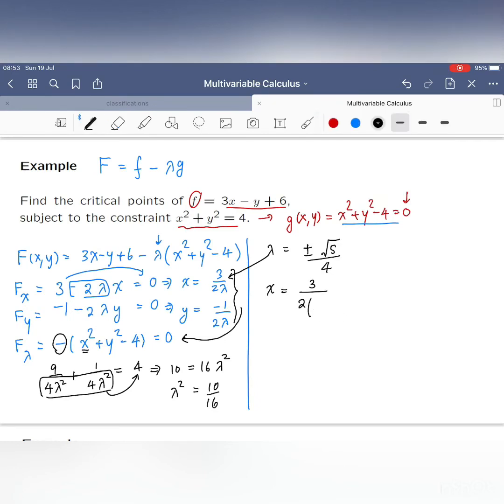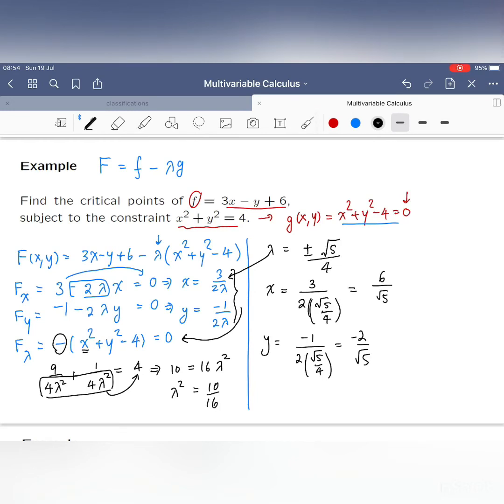So if your lambda is positive first, you have this positive square root of 5 over 4, or you have 6 over square root of 5 for your x. Of course, for your y, it is negative 1 over 2 times the positive square root of 5 over 4, or you got 2 over square root of 5 with a negative.